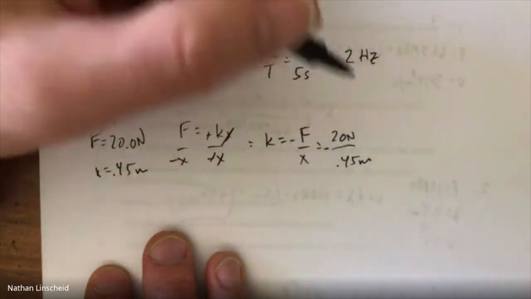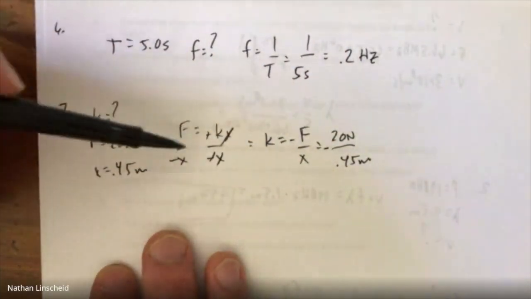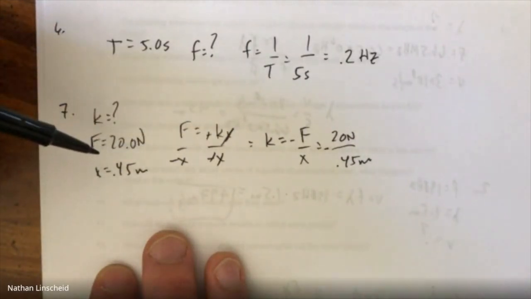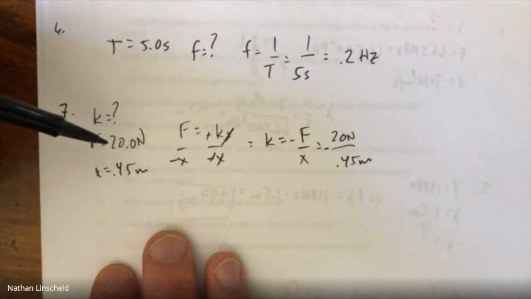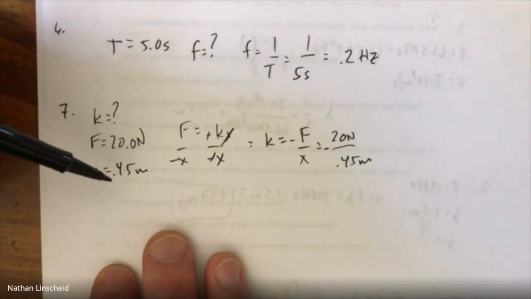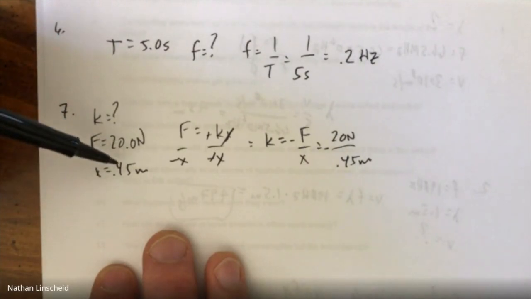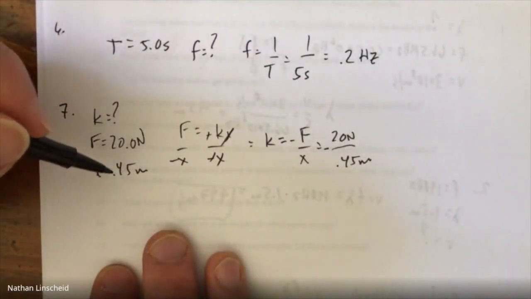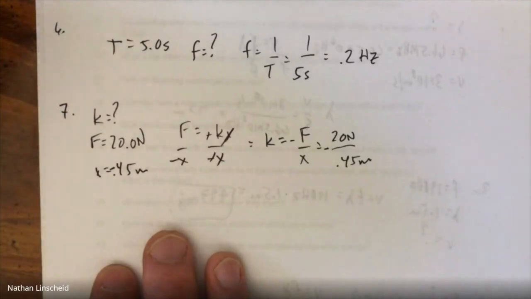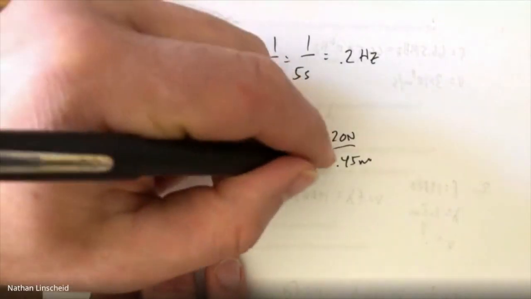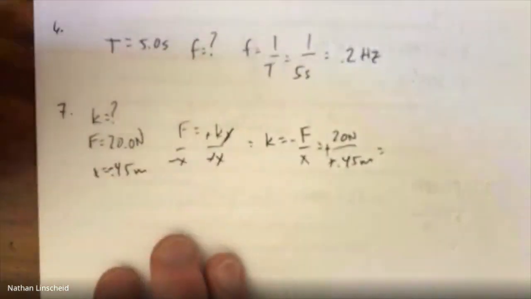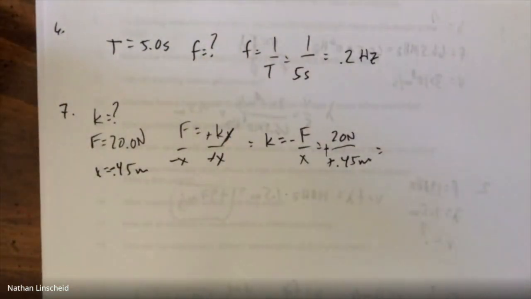I have a negative sign there. Now, why is that negative sign there in the first place? Hooke's law has that negative sign to show that the restoring force F and the displacement are always in opposite directions. So if I chose F to be 20, then the displacement would have to be negative 0.45. So I'm going to put negative 0.45 in over here. Those two negative signs will cancel. I can't have a negative spring constant.